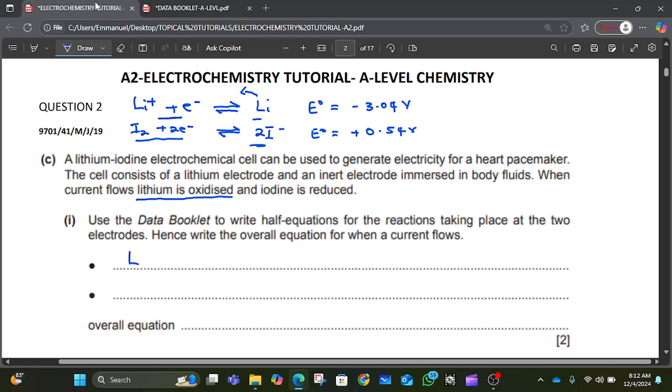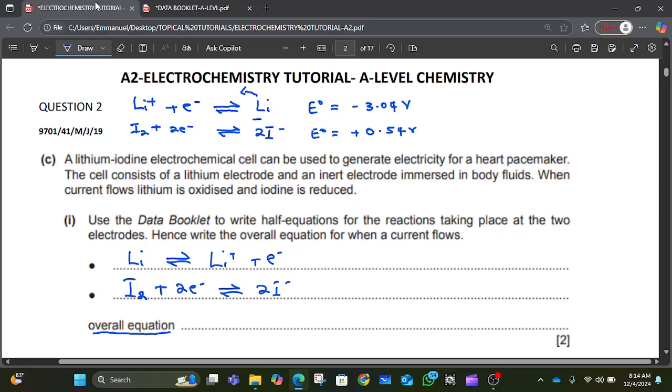And so this will be Li giving us Li plus plus e minus. And from the question, iodine is reduced. And so since the iodine is already written in the reduction form, you just have to maintain that equation. And so that will be I2 plus 2e minus, giving us 2I minus.